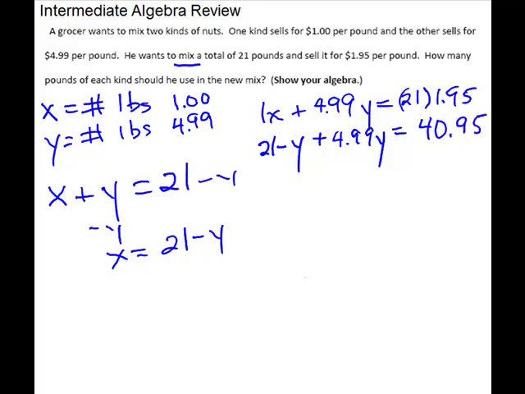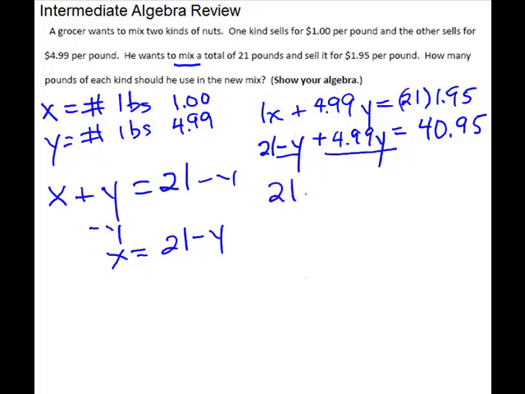Right, now we have one equation in one unknown, so we can solve. We will put our Y terms together. So the minus 1Y and the 4.99Y will give us 3.99.